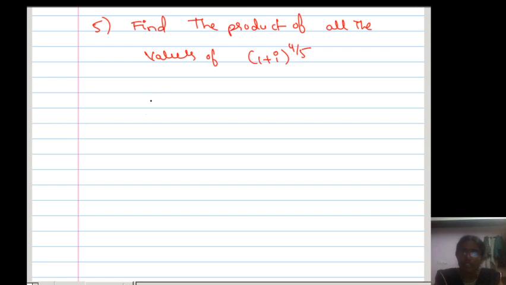Here 1 plus i whole power 4 by 5, I can first write 1 plus i in polar form. You know r is root 2, under root 1 square plus 1 square. Then cos theta plus i sin theta form: theta is pi by 4, since it lies in the first quadrant, the principal argument.